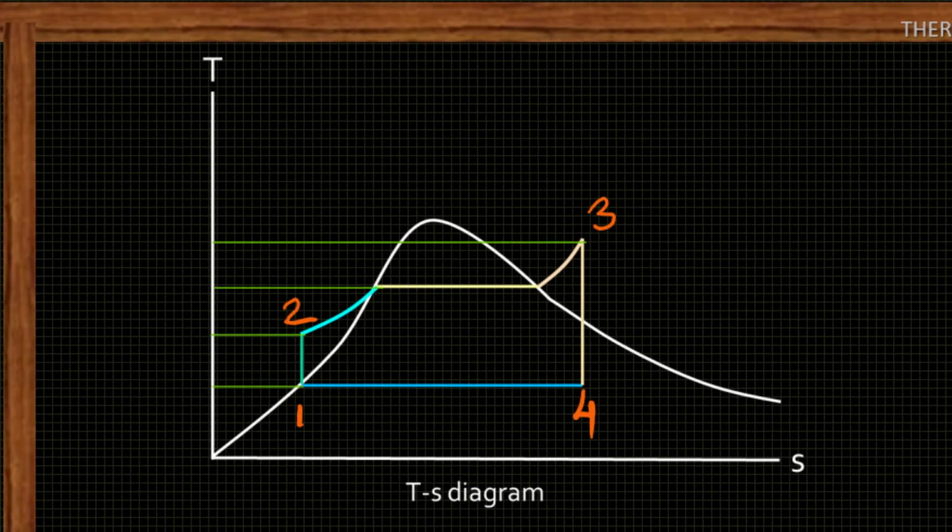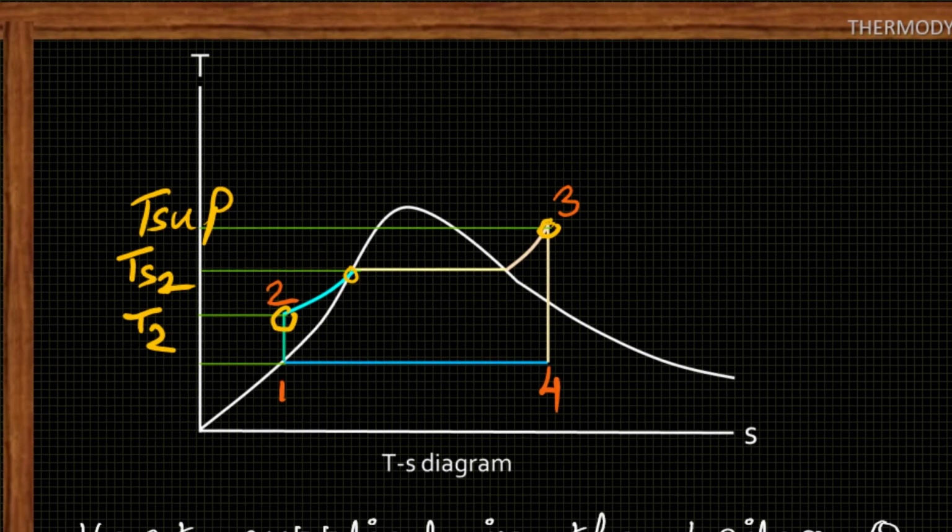Look at the TS diagram. Corresponding to point 3, this temperature is T sup, and at point 2, this temperature is Ts2, the saturation temperature of steam or water, and this temperature is T2, and heat is added from point 2 to point 3.